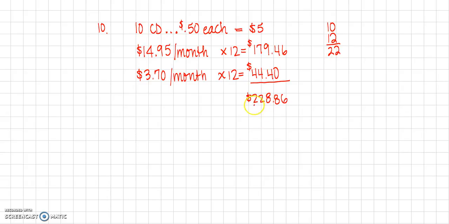So now I'm going to take that $228.86 and divide by 22, which is $10.40. So the answer is E.